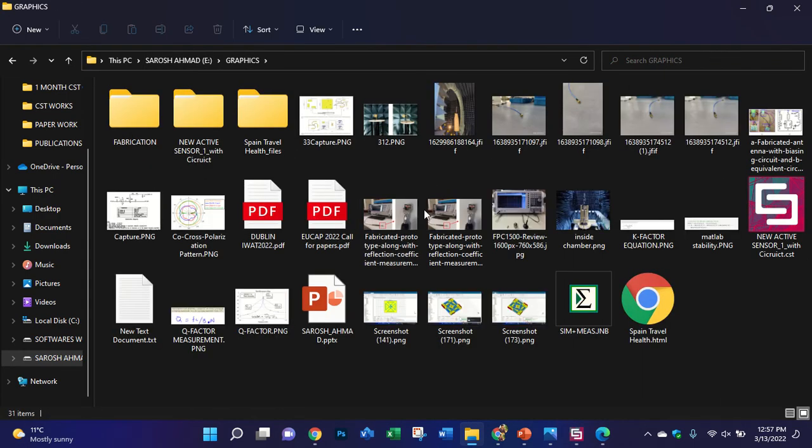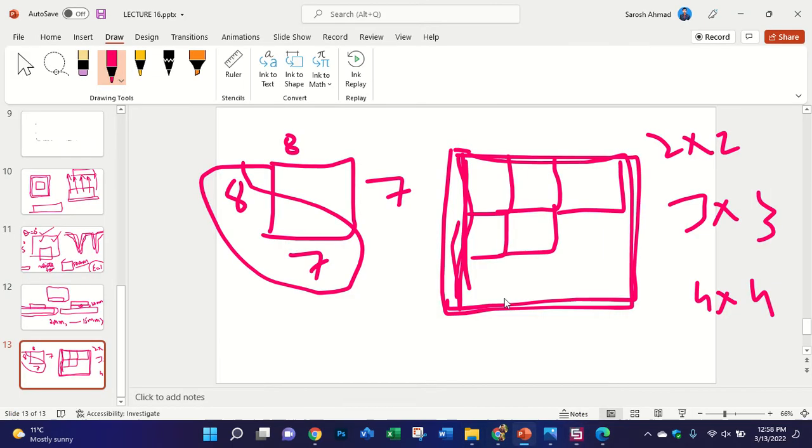The pictures are not here, but he used a 3D box made of copper.